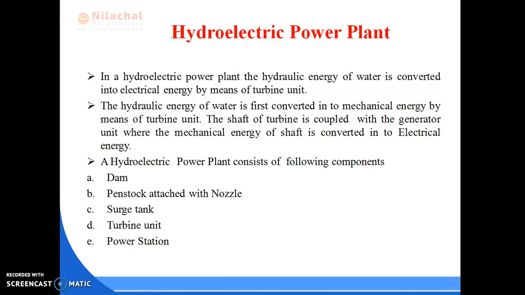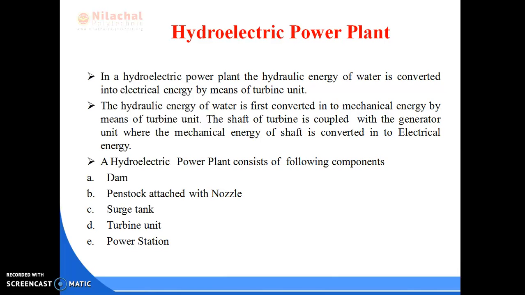What is a power plant? A power plant is the area or place where we produce electrical energy from hydraulic energy.